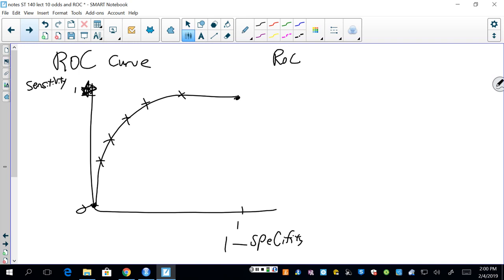ROC comes from the communication and information theory field. It stands for receiver operator characteristics. So it has really nothing directly coming from the medical field, but it was about communicating information.